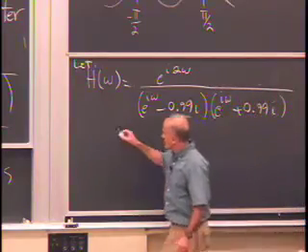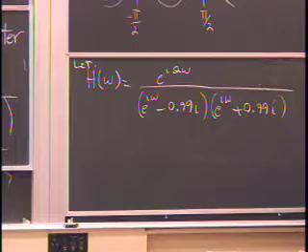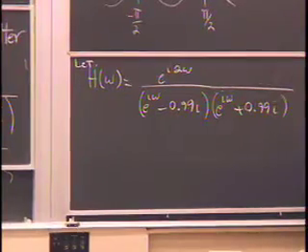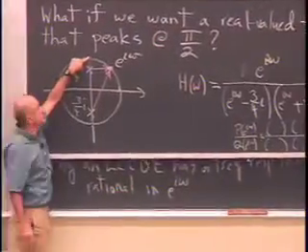Now, these two will be pretty darn close to the unit circle. So e to the i omega now comes all the way up here. So omega is pi over 2.